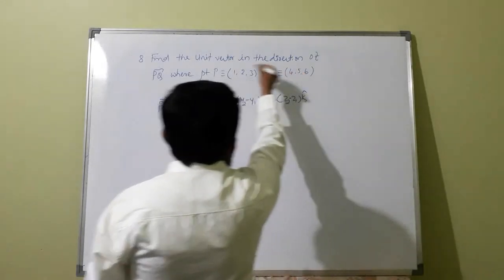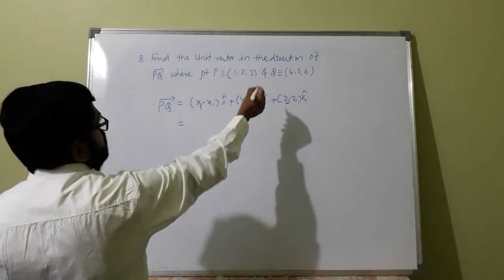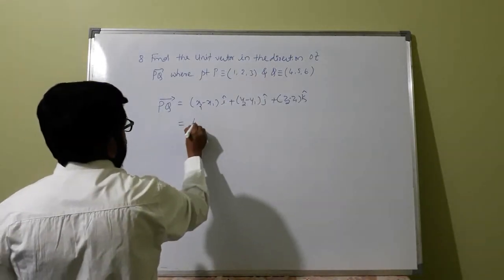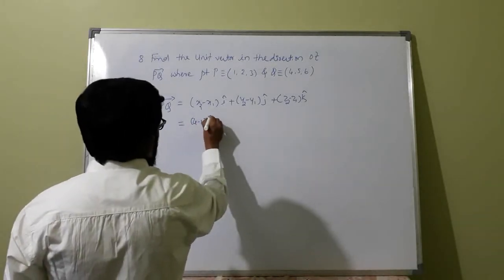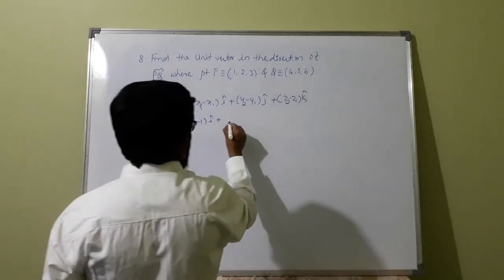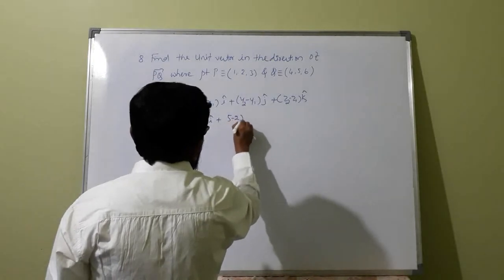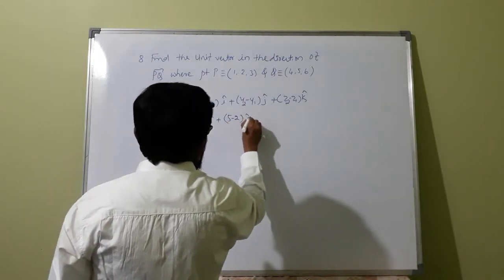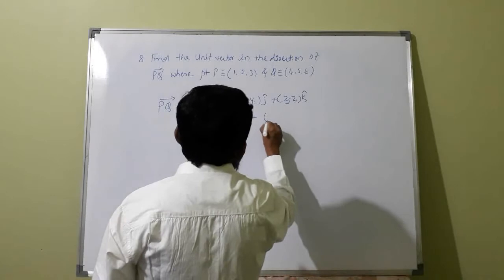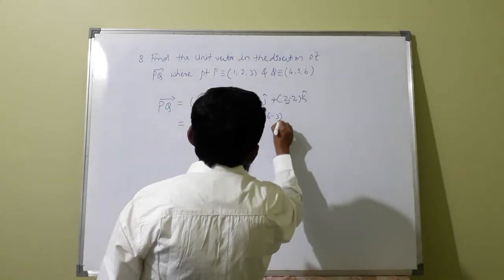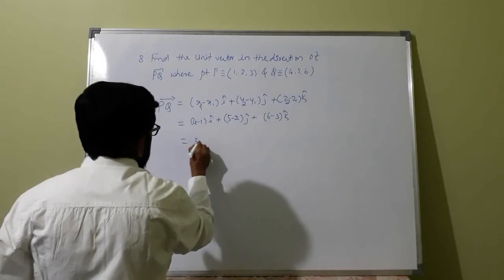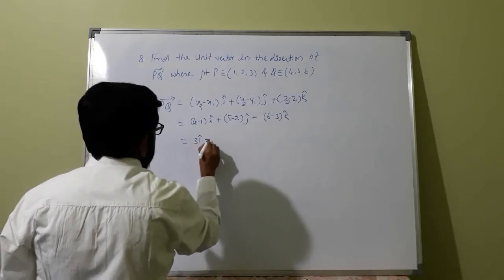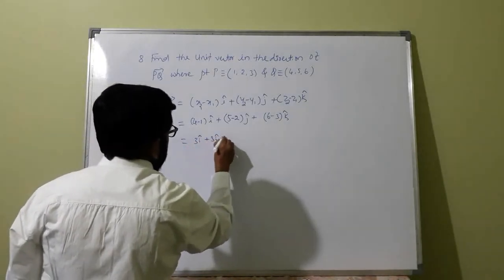Okay, so this is nothing but 4 minus 1 i plus 5 minus 2 j plus 6 minus 3 k. That is 3i plus 3j plus 3k.